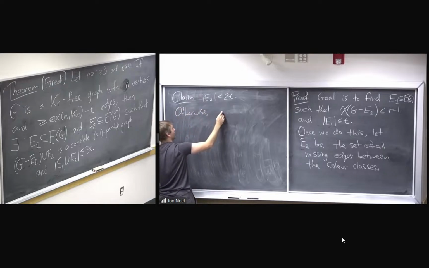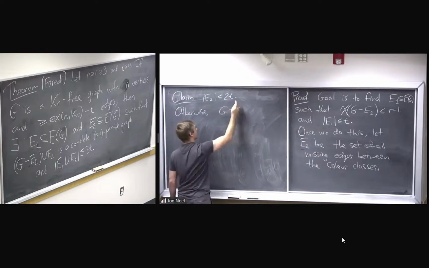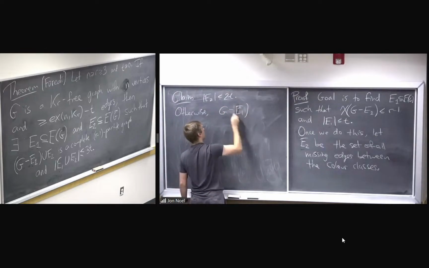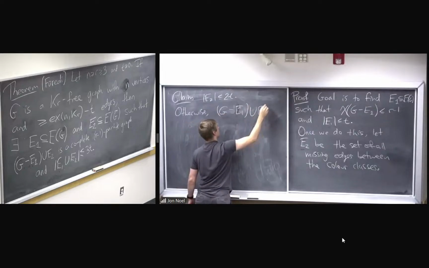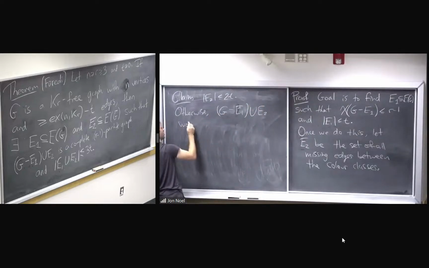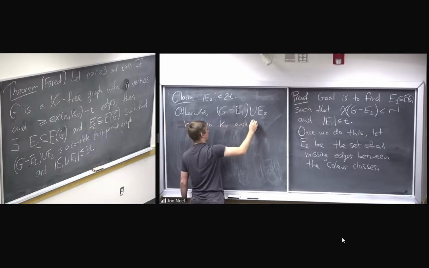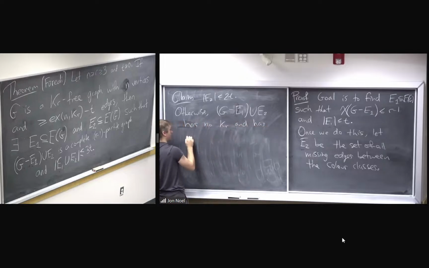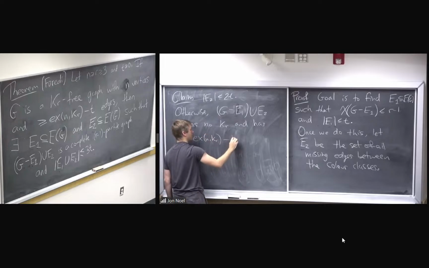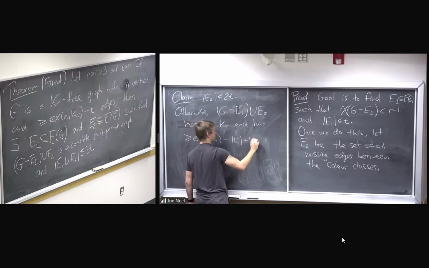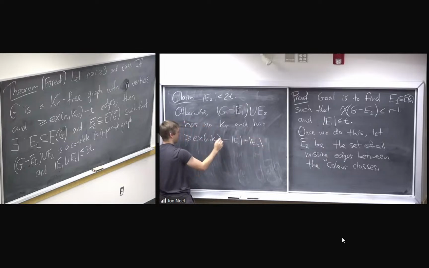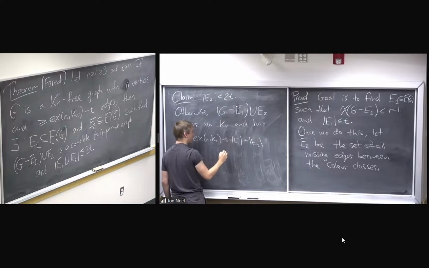The graph G minus E1 union E2 has no Kr and has at least extremal number minus t minus E1 plus E2 edges.